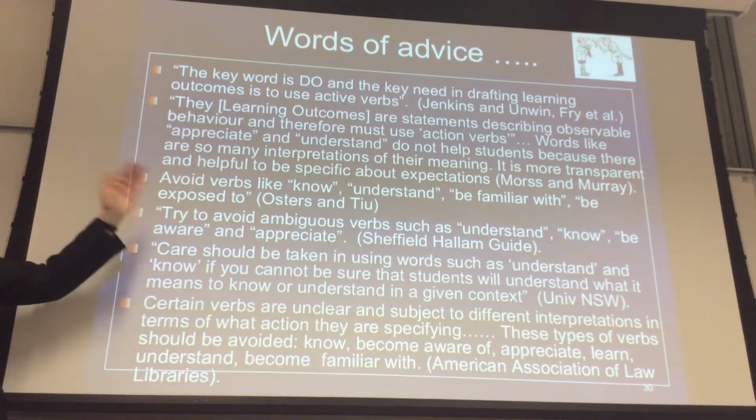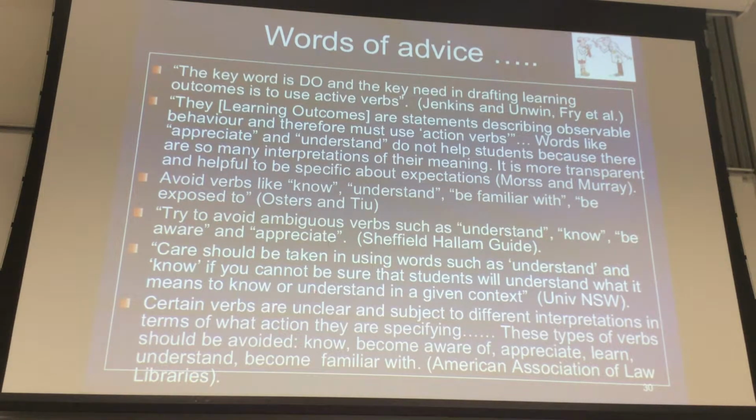Now, there's an example of some of the literature. If I had to summarize it in one sentence, it would be the following. When writing learning outcomes, do not use words like know, understand, or be familiar with. Those words are the language of aims and objectives.